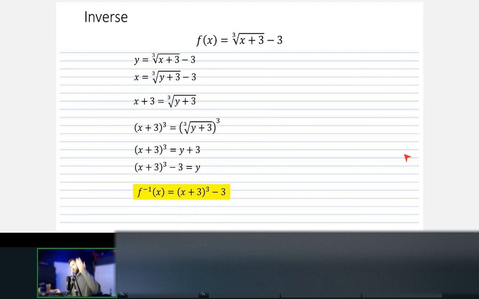So you visualize folding your paper over that y equals x line, corner to corner, top left to bottom right corner, and it should be a reflection over that line. So if you graph both those functions and it looks like they are a mirror image of each other, you probably did it right. Easy way to check it visually.